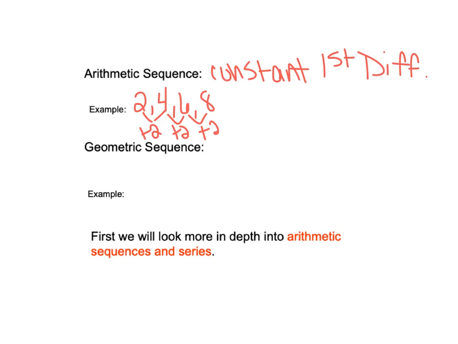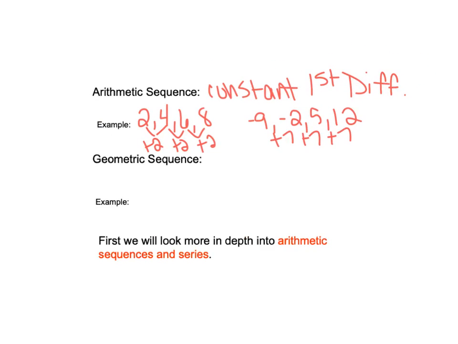It can go different ways. So if you had some negative numbers like -9, -2, 5, 12, to go from -9 to -2, that's +7, +7, +7. So your first difference in that one is +7 because it's going up. If it happened to be going down, it would be negative. In a geometric sequence, it has a constant ratio.